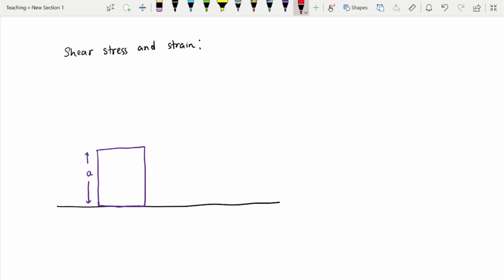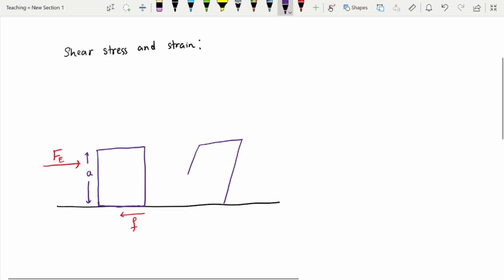We exert some external force like this, and a frictional force works in the opposite direction because of the surface, and it stops the cube from moving permanently from one place to another. So it will slightly bend, it will tend to move but not move completely, and we will find an angular displacement. After exerting some force, the cube has become like this.